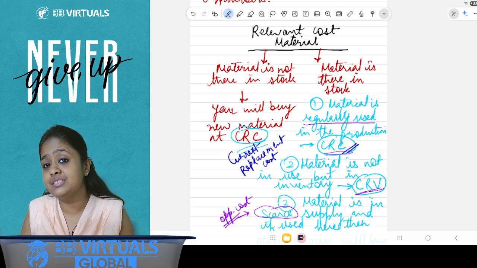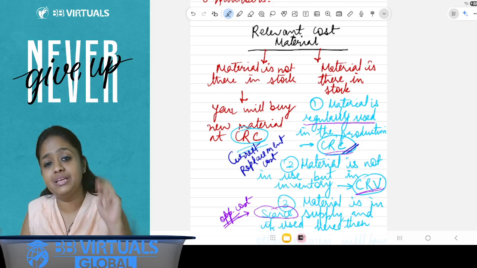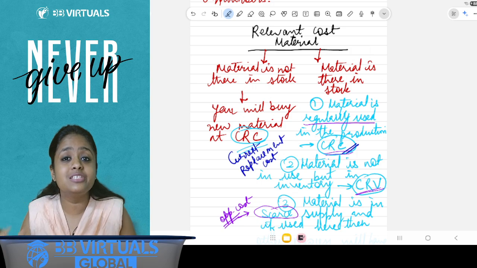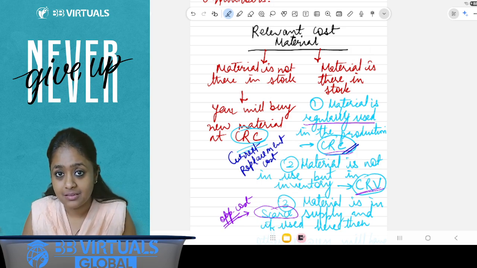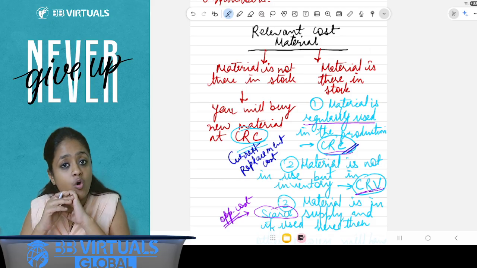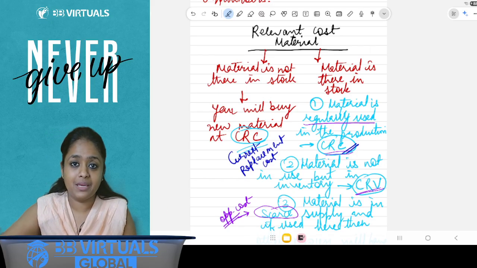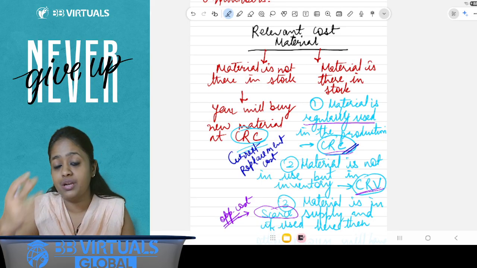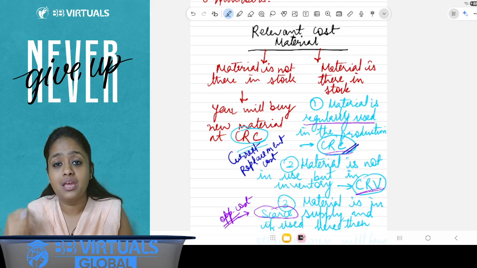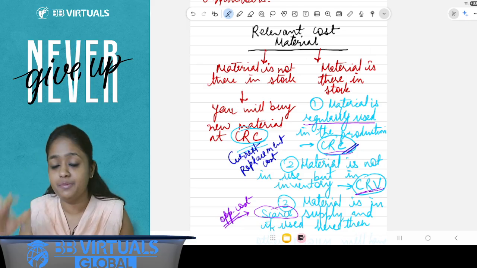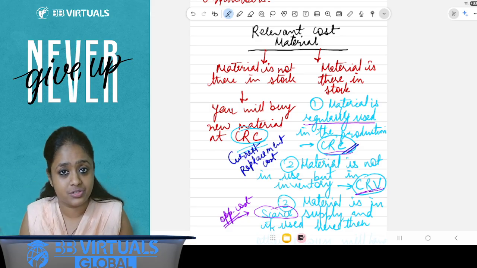However, if the material is in stock, there can be three instances. Number one, the material is in stock, but it is used by all the other processes, so it is continuously in use. So you need to replenish the material stock. At what cost? Current replacement cost, of course, because you will buy it from the market and replenish it.